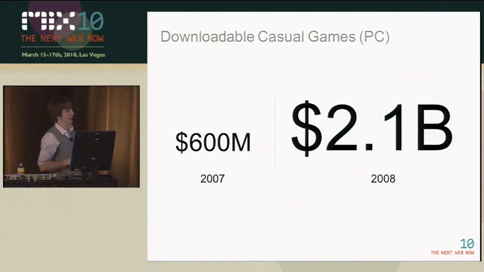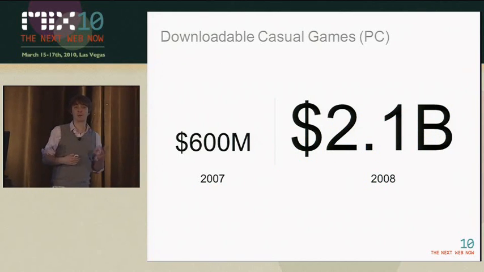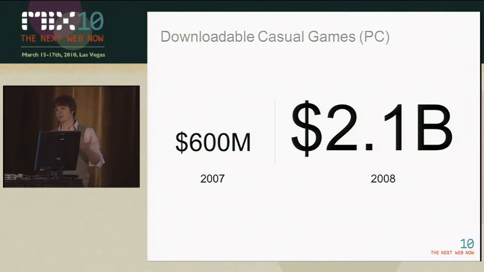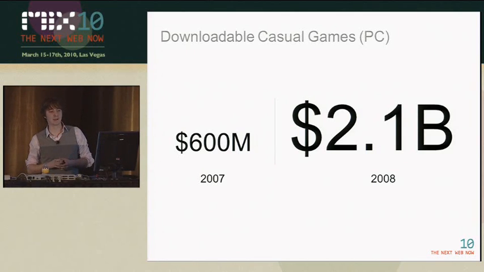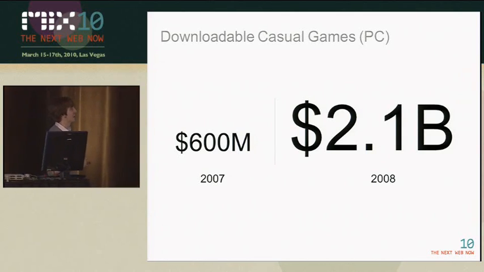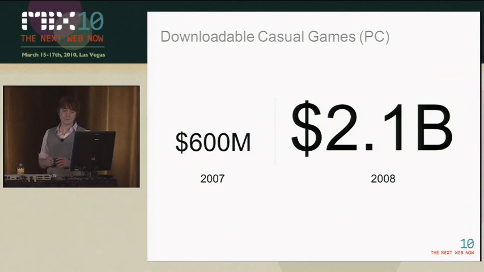Downloadable casual games, so we have online casual games, destination games, things that people go to and play online, and then we have downloadable games, which often have a hook through an online game. Downloadable casual games, we're looking at, again, just tremendous growth, from $600 million in 2007 to $2.1 billion in 2008.